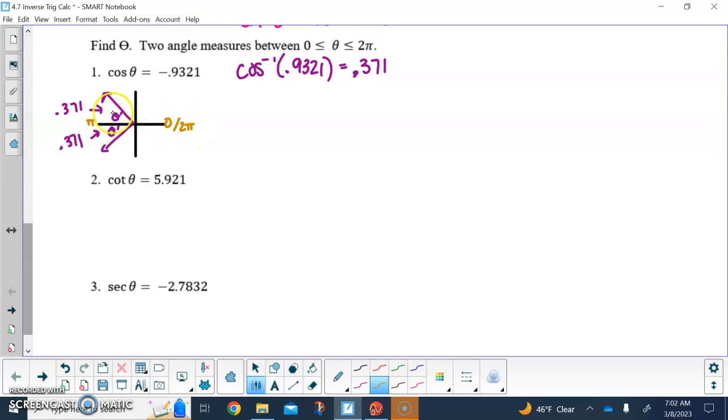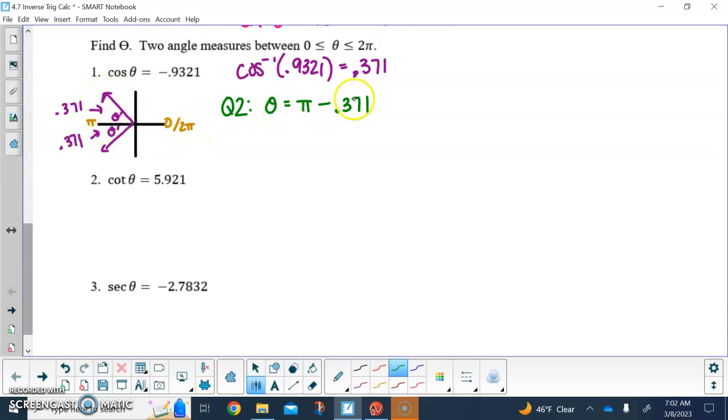So when we go to find our actual theta, our theta in quadrant 2 would end up equaling pi minus your reference angle of 0.371, because you need everything except that chunk. So all the way across would be pi.